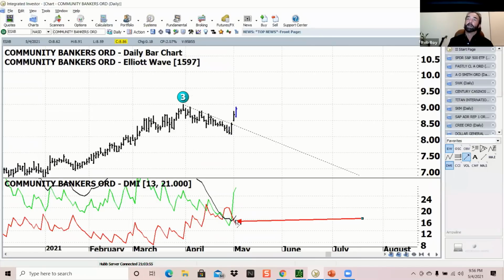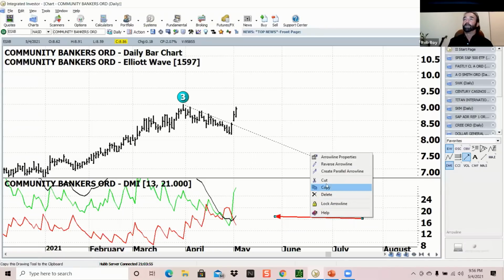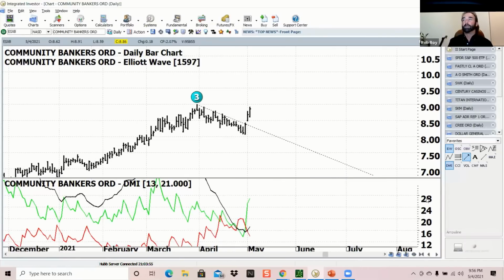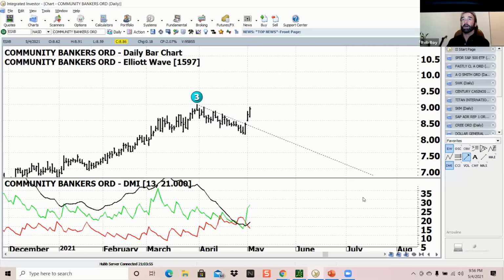But there's too many times the ADX comes up and it gets towards 20 and then it goes back down. So one of the rules is it's got to break 20. So we just have to hold off. But that's going to go on the watch list, because if that ADX does break up, then that looks pretty darn good.